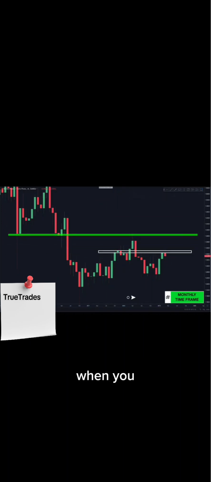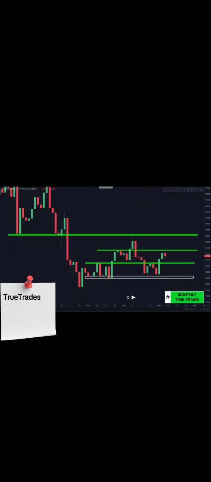Next, we spot this level here, so we draw it in. Moving on down, another level with multiple rejections, so we draw it in. And then the swing low with multiple rejections, so another level.